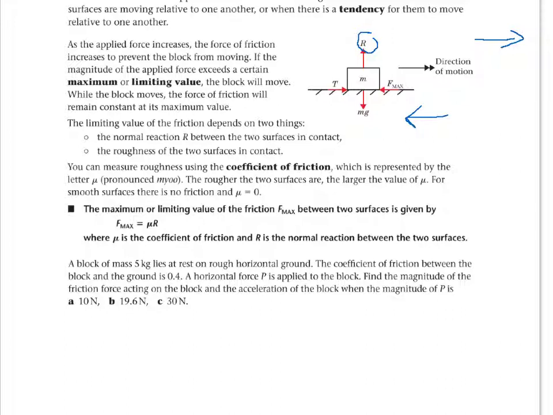So, to do this, let's draw a diagram and highlight firstly the key points in the question. So we know the block is 5 kilograms and we know the coefficient of friction is 0.4. And we also know it is a rough horizontal ground, so we've got to include friction.